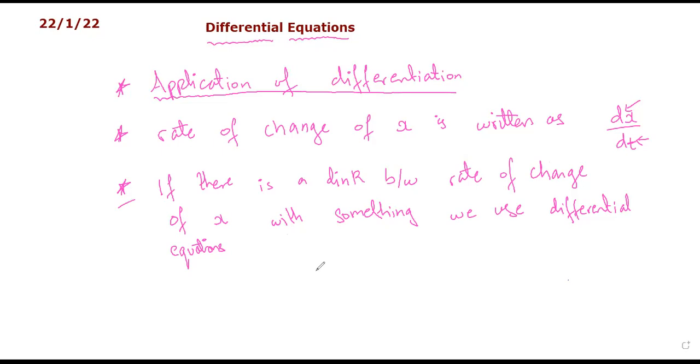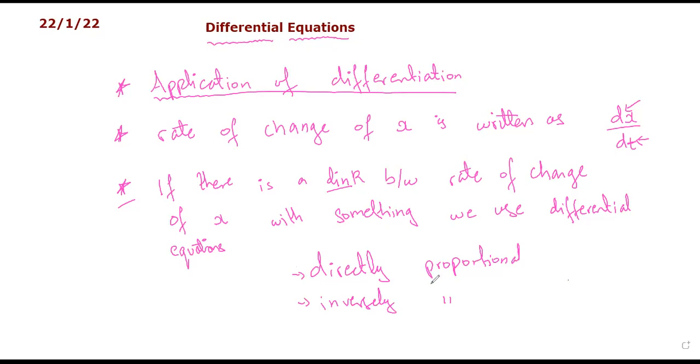Now obviously this link could be directly proportional or it could be inversely proportional. So far you only know that you'll be given a problem, you'll read that problem, and after understanding that problem, you will try solving it using differential equations.